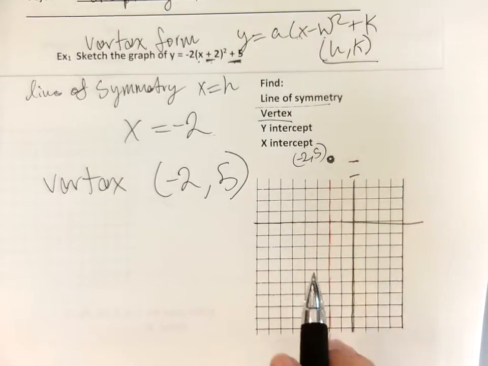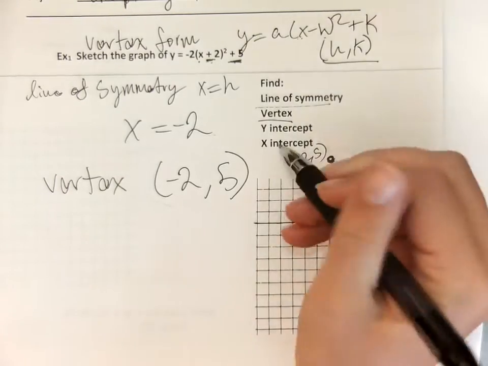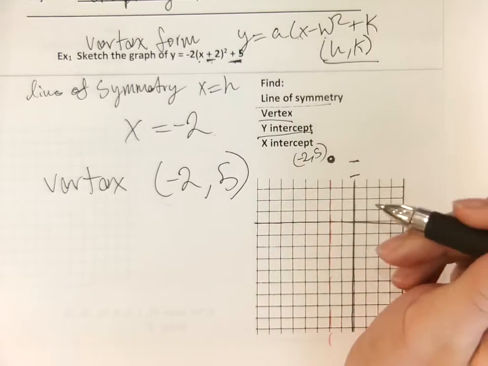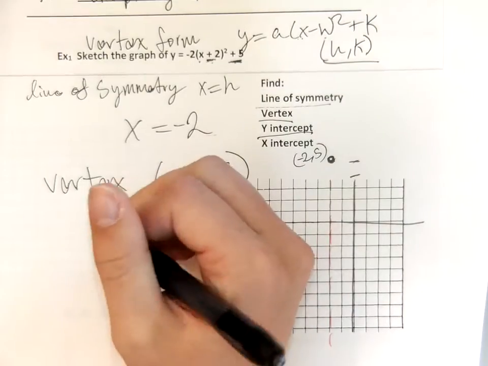All right, so now we're going to do y-intercept. The y-intercept is where x equals 0.